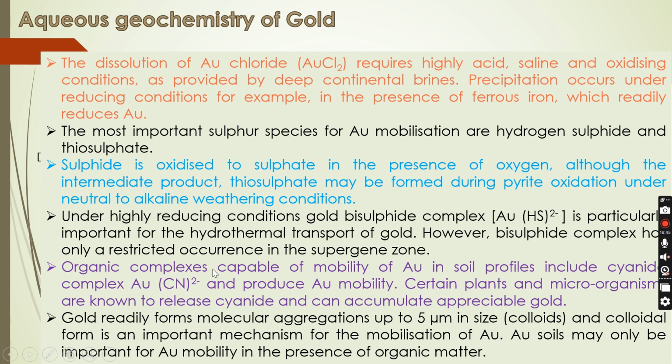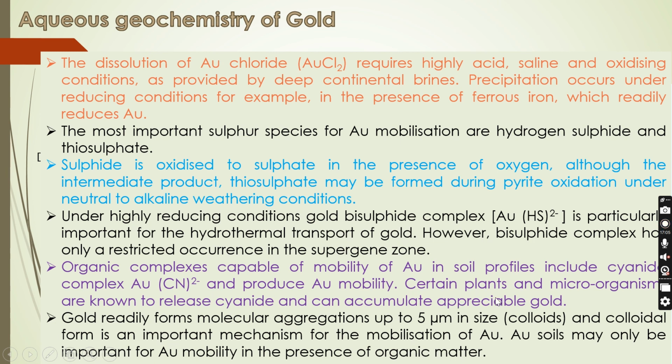Organic complexes capable of mobility of gold in soil profiles include the cyanide complex. So for all the complexes we have discussed in tabular form, certain noteworthy points are written here. Cyanide produces gold mobility.